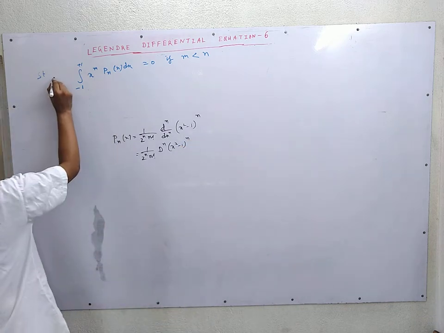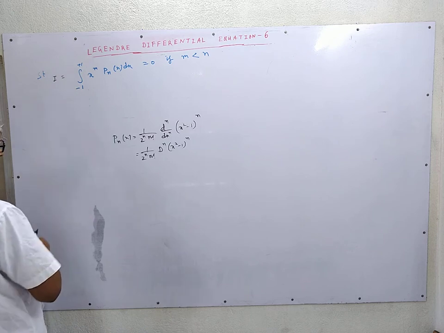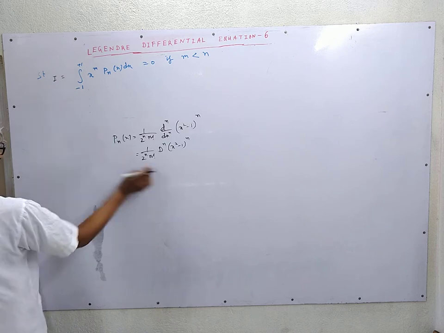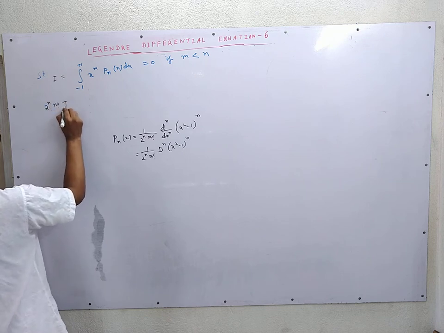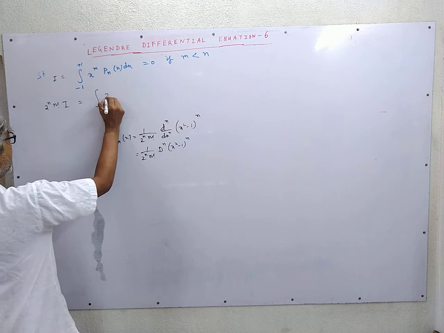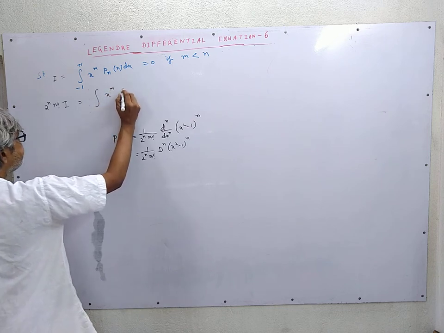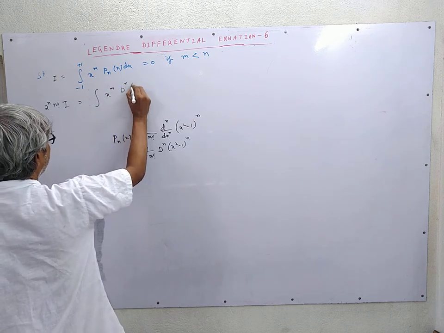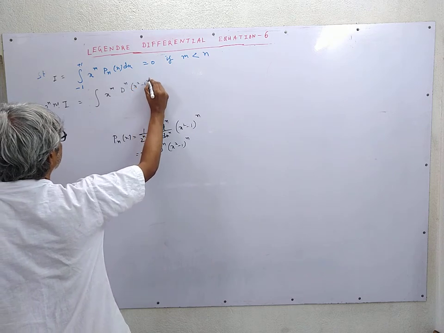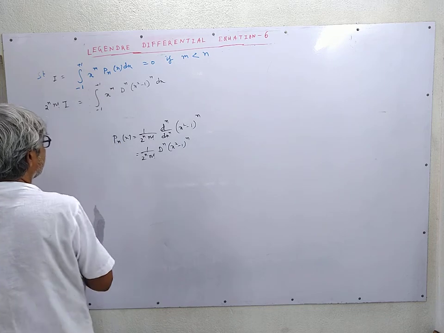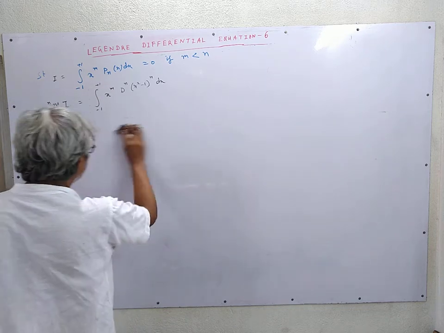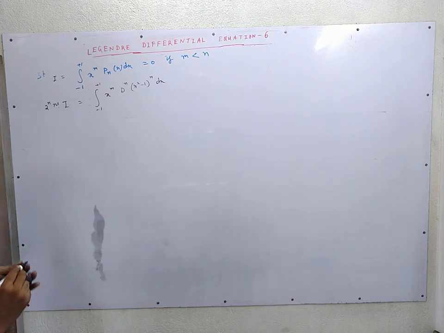Let us consider this as the integral. So we write 2 to the power n factorial times I is equal to the integral from -1 to +1 of x to the power m d^n/dx^n of (x square minus 1) to the power n dx. In this expression we have replaced the Legendre polynomial by its Rodrigues' formula.